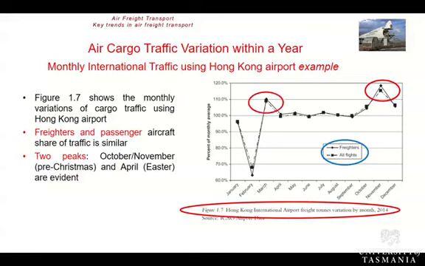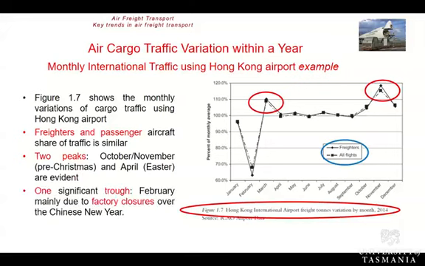The second peak is in April, notionally around about Easter, but it's more likely a reflection of the fact that there is a significant trough in February, because a lot of factories in Asia closed down for the Chinese New Year. So there is some form of variation in international air traffic over the course of a year.